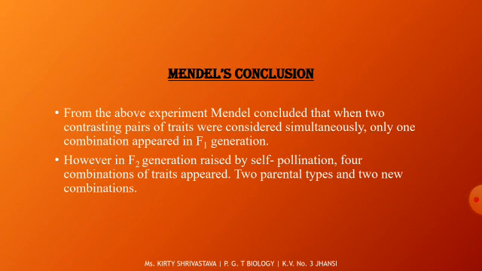Thus, from the above experiment, Mendel concluded that when two contrasting pairs of traits were considered simultaneously, only one combination appeared in F1 generation, which was dominant. However, in F2 generation, raised by self-pollination, four combinations of traits appeared, two parental types and two new combinations.